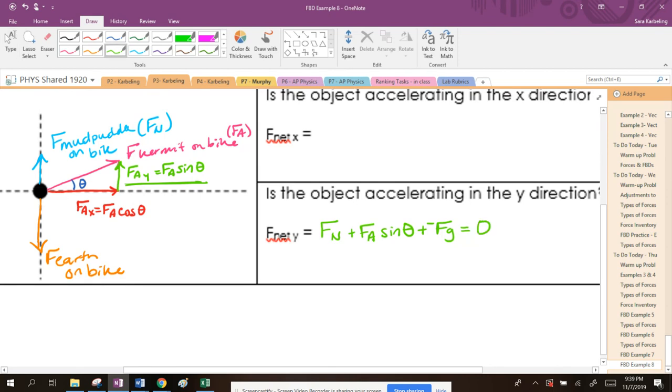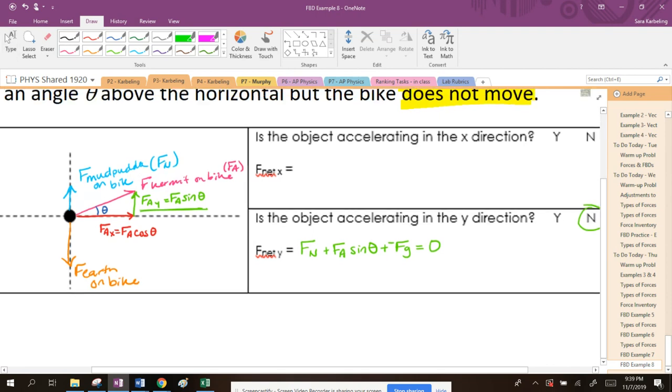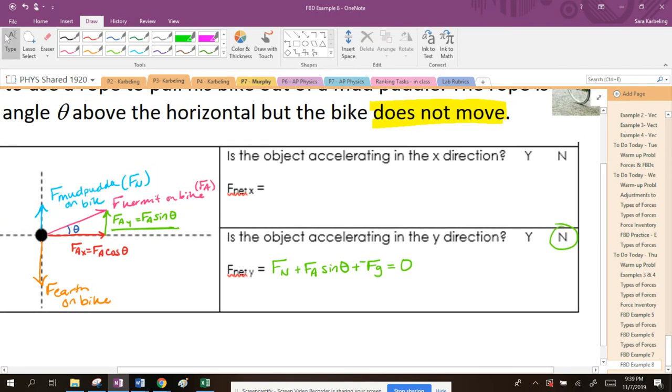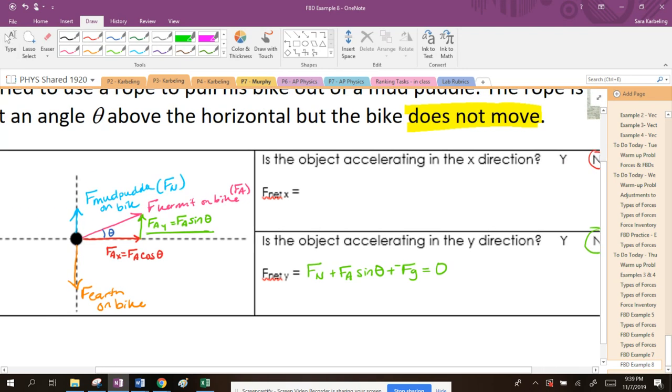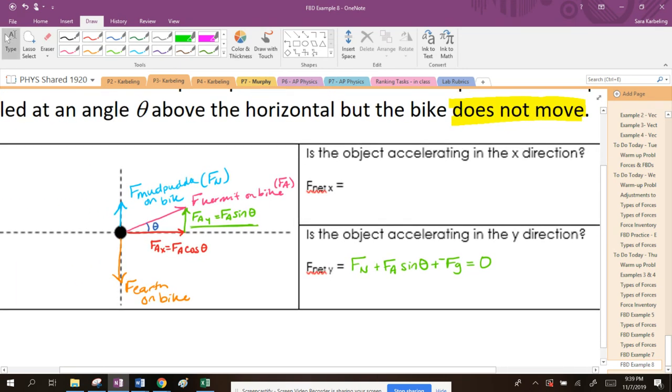Okay, in the x direction, well, it says also here that the bike does not move, which means that that's true both in the x and the y direction. That would imply then it is not accelerating in the x direction. And if we take a look at our free body diagram, looks like we need to have another force acting in the x direction to counteract that applied force.